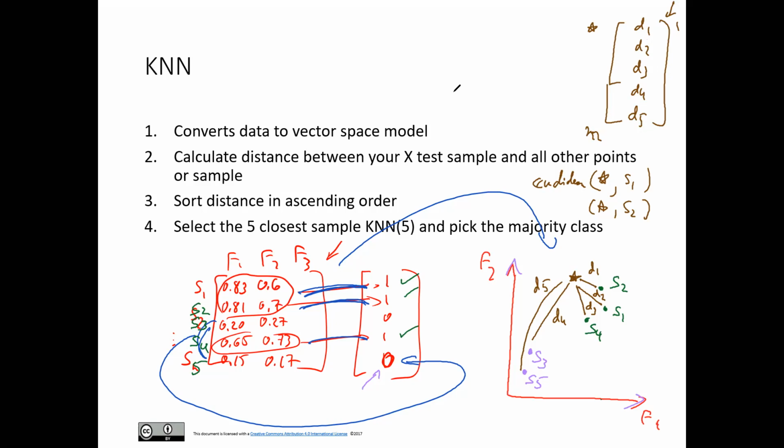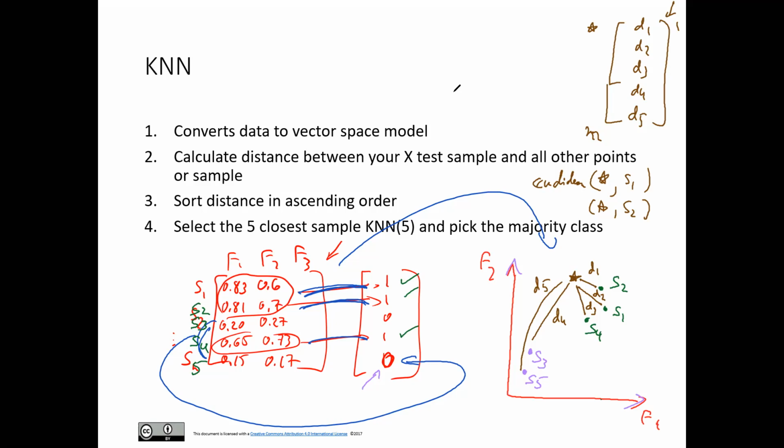Makes sense. Okay. So once we have that vector of distances, you just compared it to all the samples, but you really don't know which samples are closest and which ones are further away. So the distance allows you to determine what training samples are closest to your test sample.